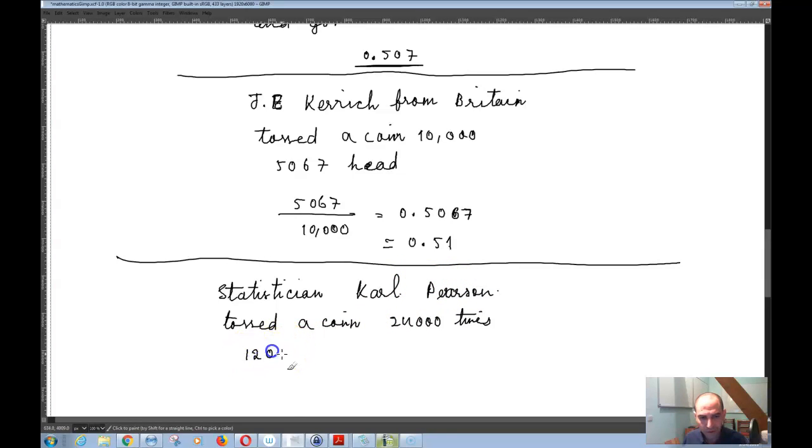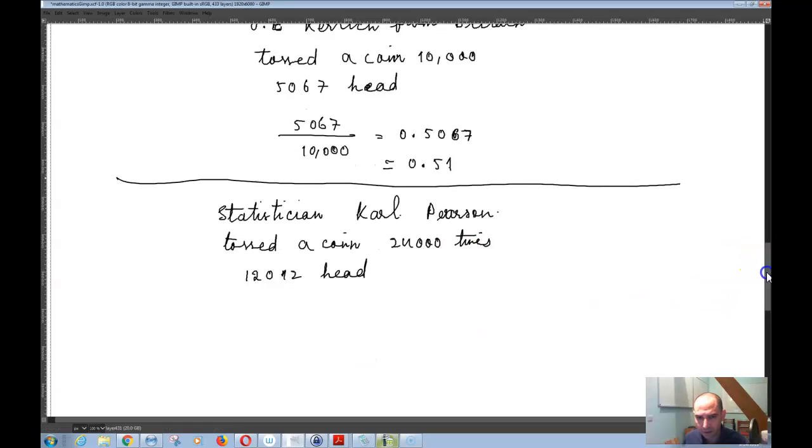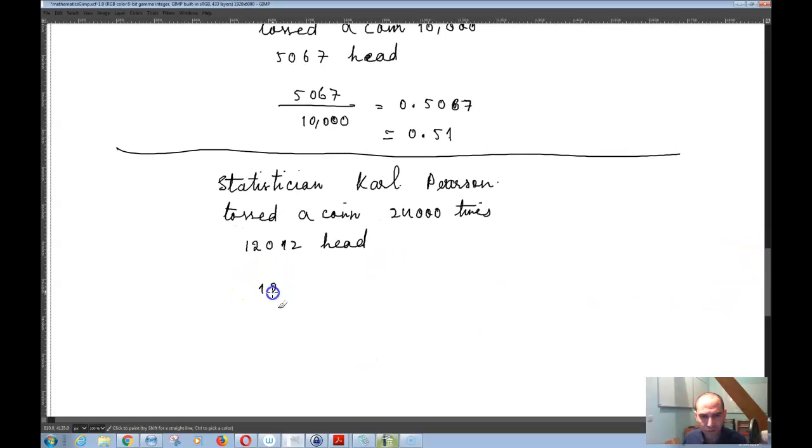That's a ratio of 12,012 divided by 24,000. Divided by 2, you would get 6,006 divided by 12,000. Divided by 6, you will get 1,001 divided by 2,000.